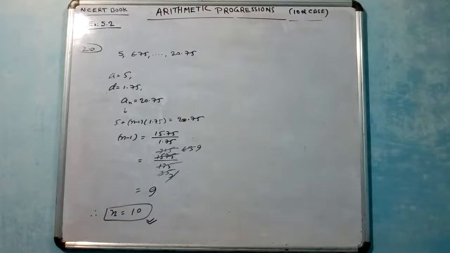Okay, now the thing is that, see, the full 20 questions, 30 questions of the next exercise is still left. I thought to give an introduction to that 5.3, but understanding and discussing each and every question will take time. So I want efforts from your side also. Keep on doing the work.